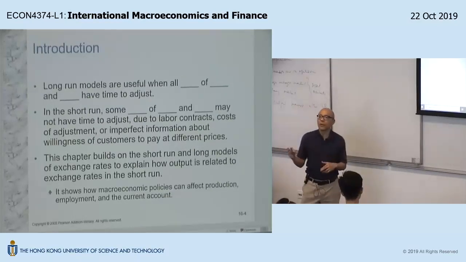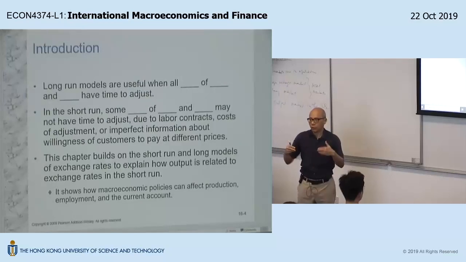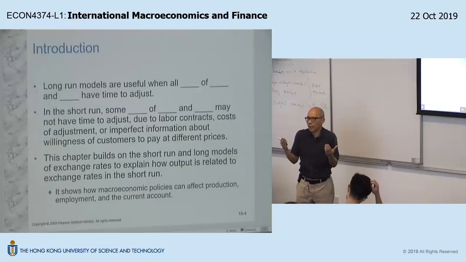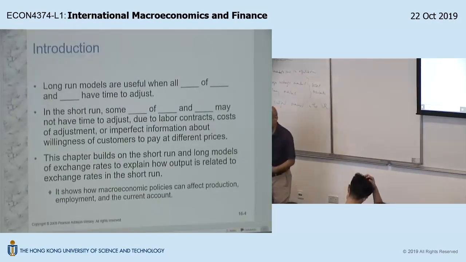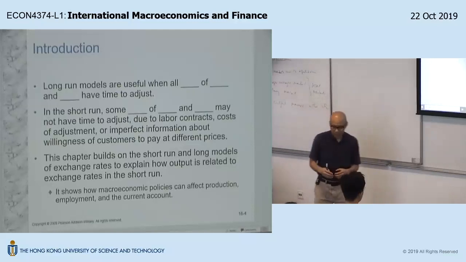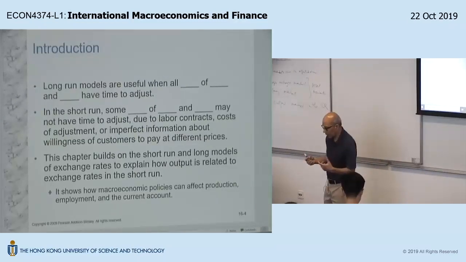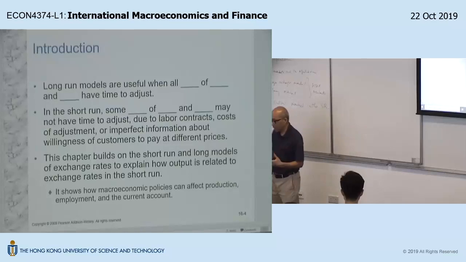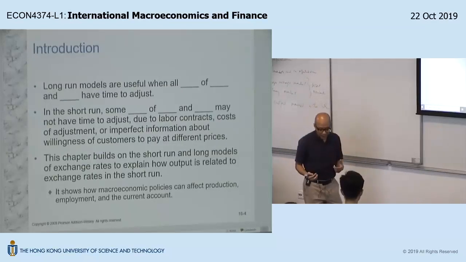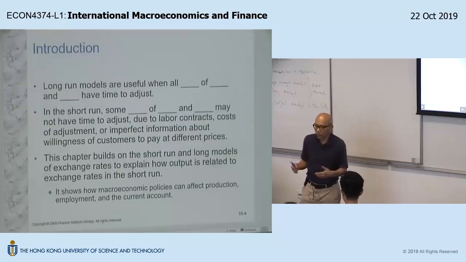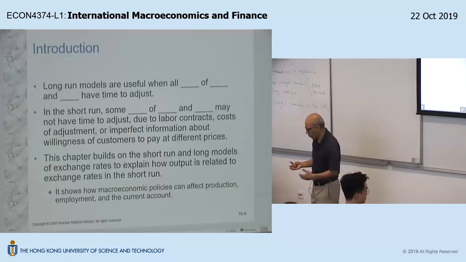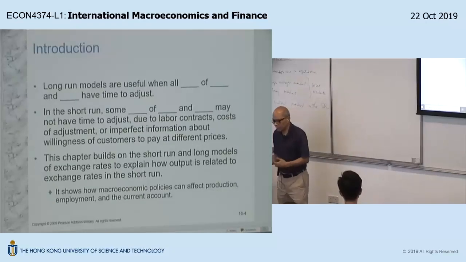The asymmetric information comes from the fact that, let's say I'm a furniture company, okay? I try to determine whether I should raise my price, because let's say my cost has increased. So maybe the wood that I buy to make furniture has risen in price.